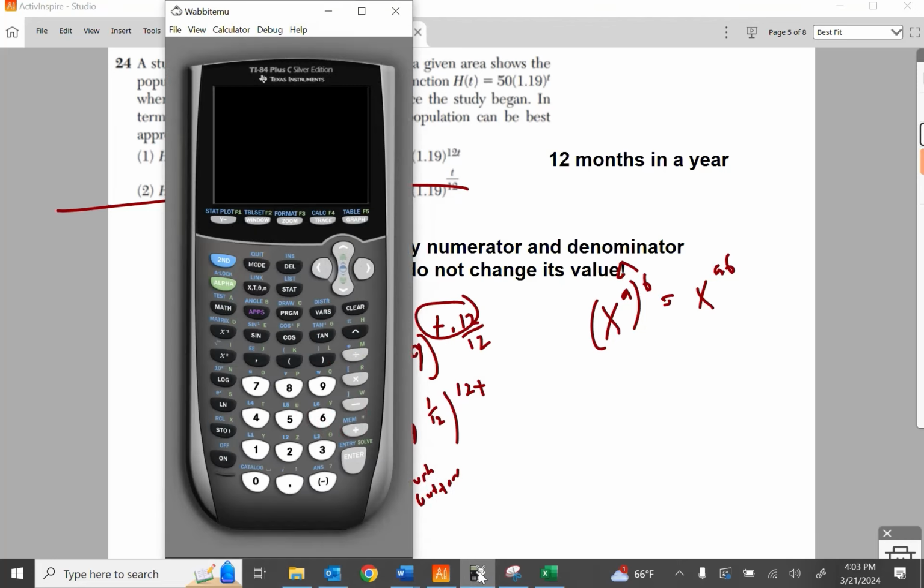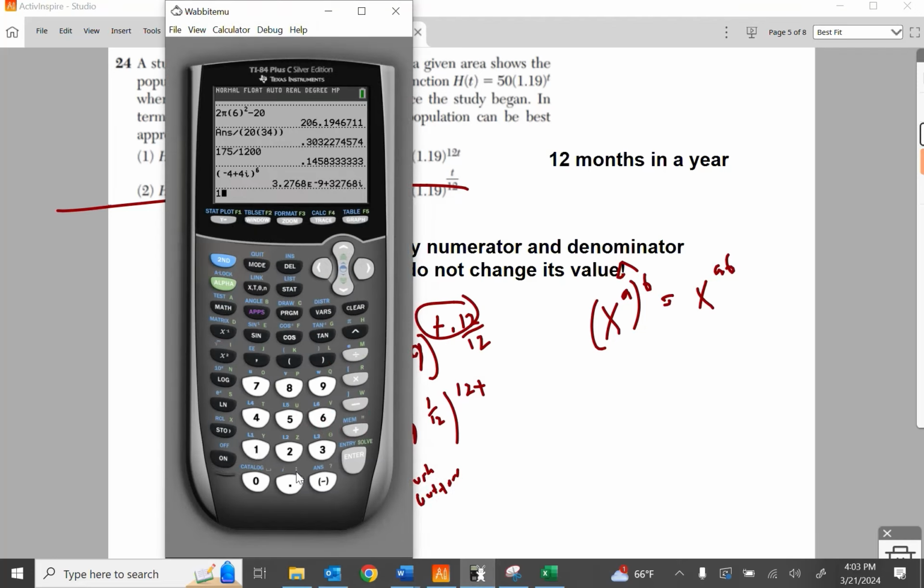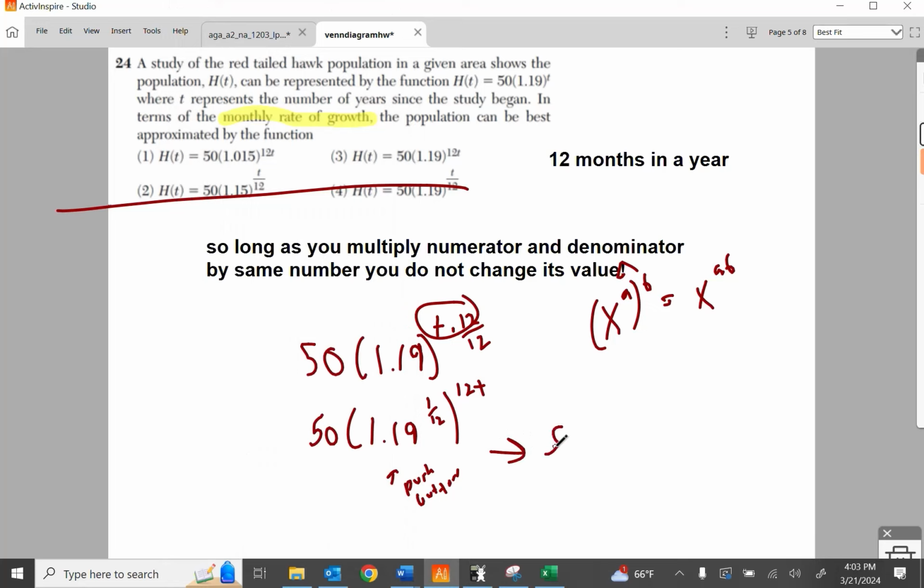So I'm going to push some buttons. 1.19 to the 1/12th power is 1.015. And I have a 12t on the outside. Choice 1.